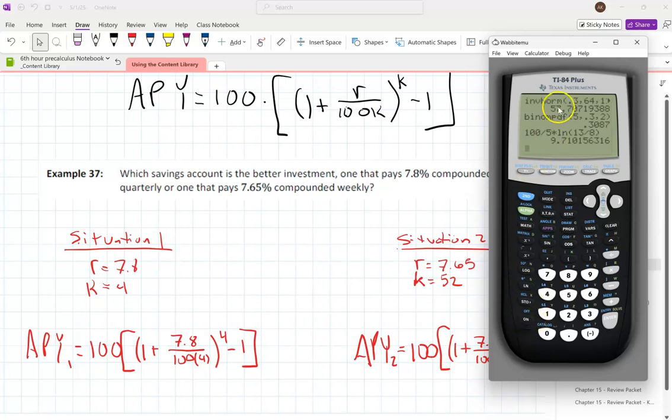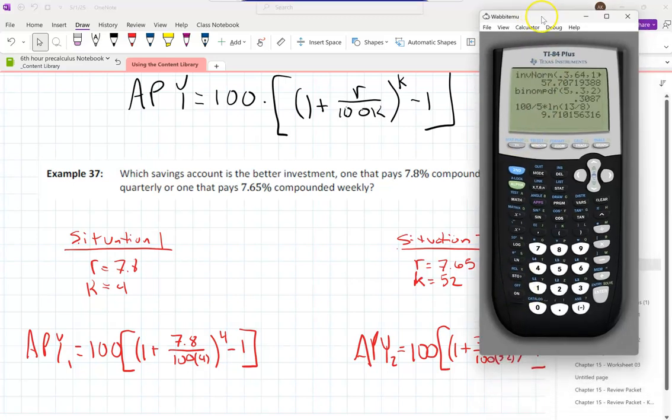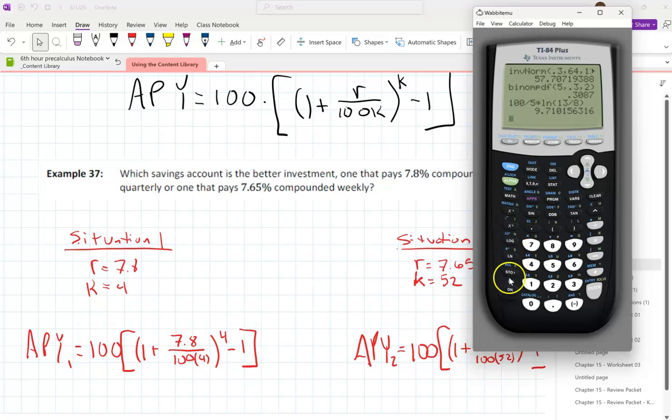And what are we looking for if this is an investment? Do we want the bigger or the smaller APY? What do you guys think? If it's an investment, bigger or smaller? Use that common sense. You want the bigger one for an investment.